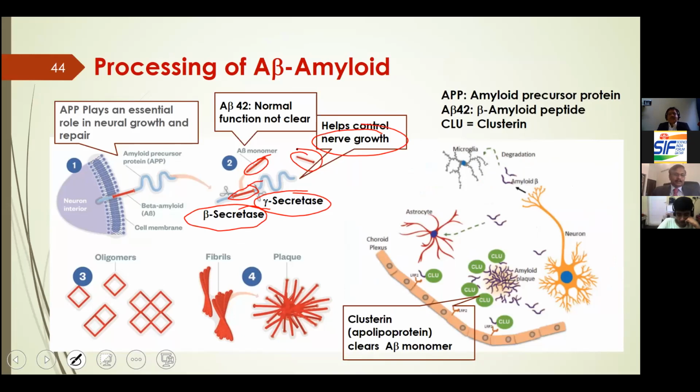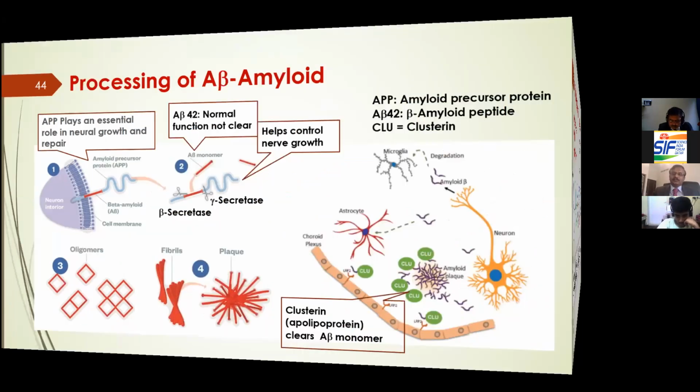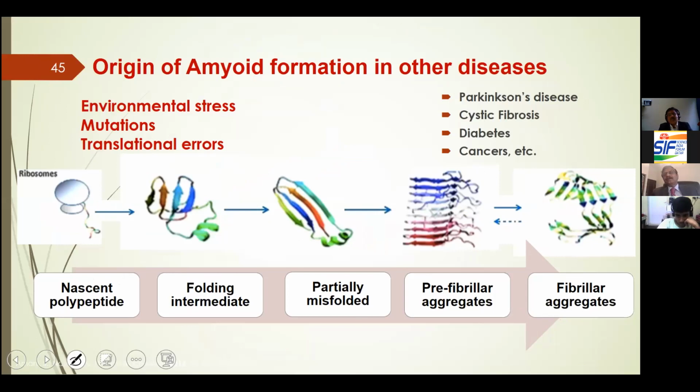These A-beta monomers, when produced in large quantities, can form oligomers. They can form fibrils, or they can form these aggregates also known as plaques. So that is really how these plaques are produced. And when those plaques are produced, the nerve cells cannot communicate with one another, and that is what leads to the forgetfulness.